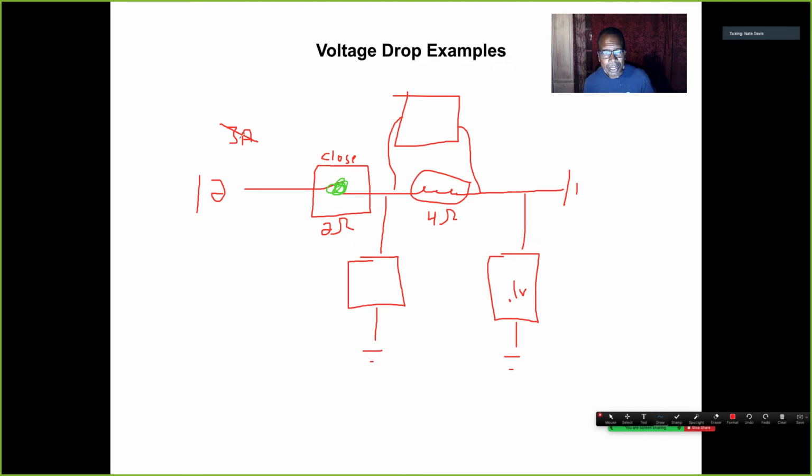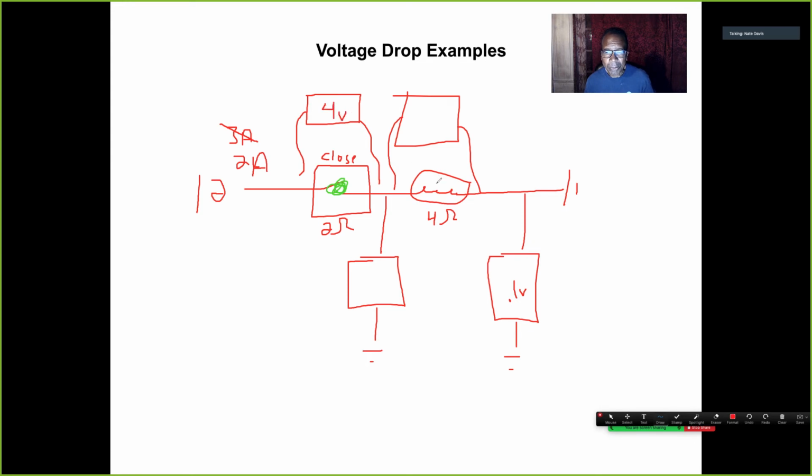I just went down from 3 amps to 2 amps in this circuit. And remember, amperage does the work, so we already know the circuit's not going to work the same because we got less current in the circuit now. But now we need to find a problem. If I do a voltage drop across the contacts to try to find this problem, I'm going to see 2 ohms, 2 amps is a 4 volt drop.